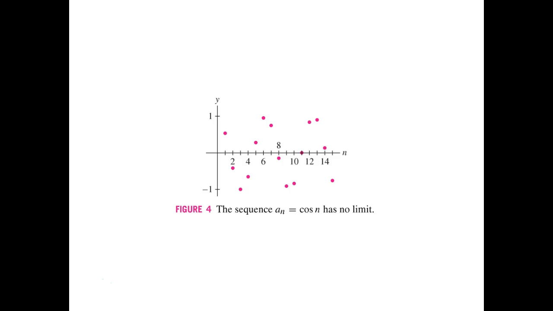N is equal to 1. If you do 1 radian, you're at something just a little bit less than 0.5. Okay? Cosine of pi thirds would be 0.5. So cosine of 1 radian, which is a little bit less than pi thirds, would be a little bit less than 1/2.